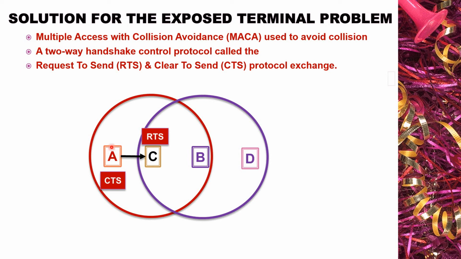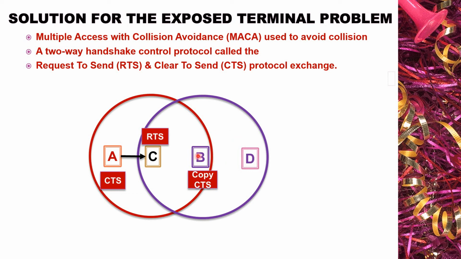Now A and C perform the handshaking operation before starting data communication. While performing this operation, C will also send a copy of the packet to B. So while A and C are going to communicate, during that time B can communicate to another node.